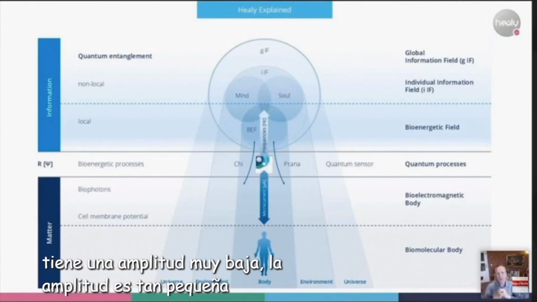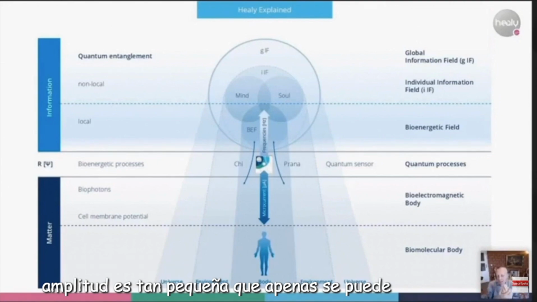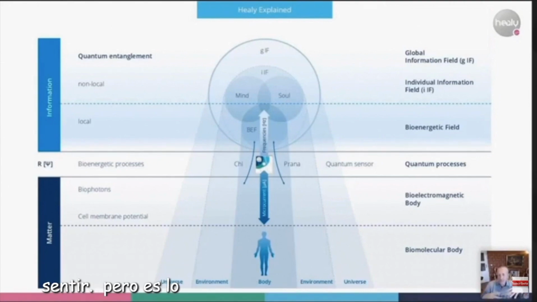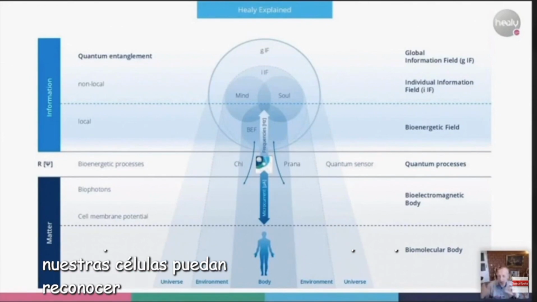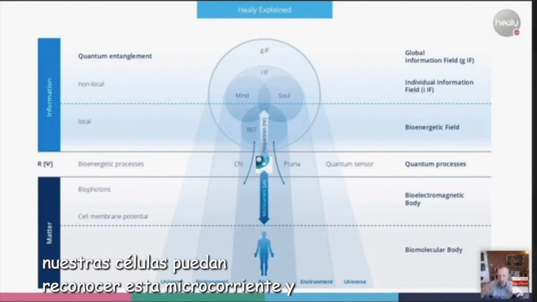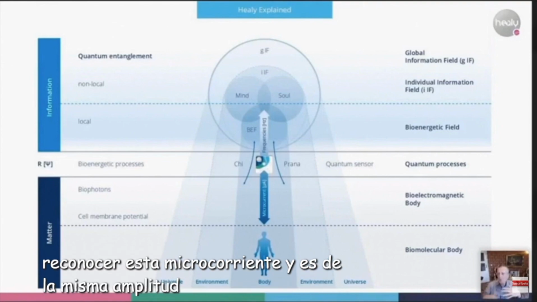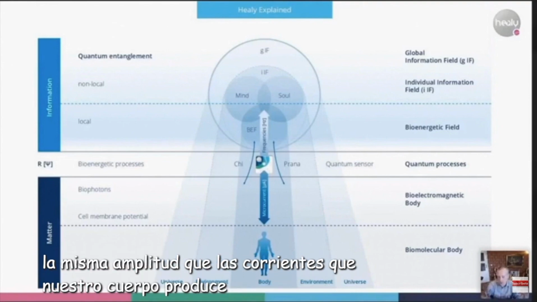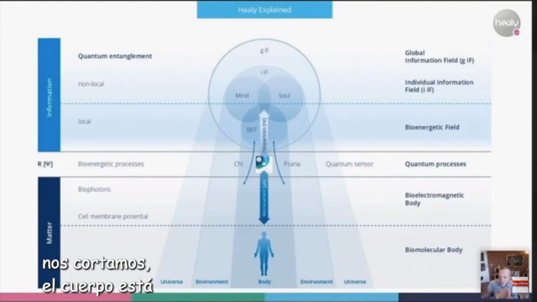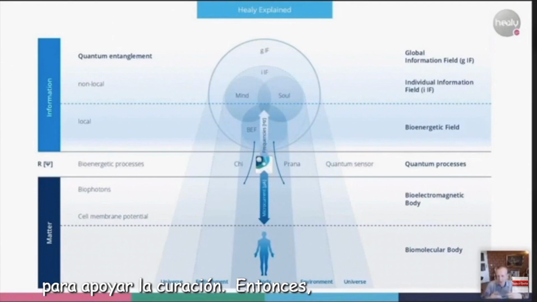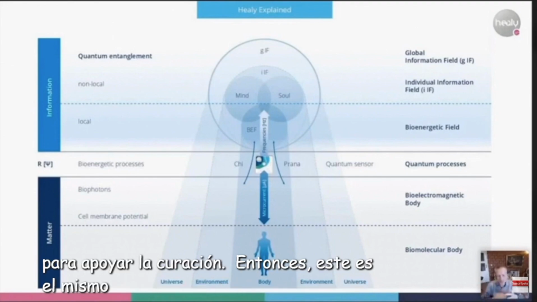The amplitude is so small that you can hardly feel it, but it's high enough so that our cells can recognize this microcurrent, and it's of the same amplitude as the currents which our body produces itself. For example, if we cut ourselves, the body produces a very low amplitude of current to support the healing. So this is the same principle.